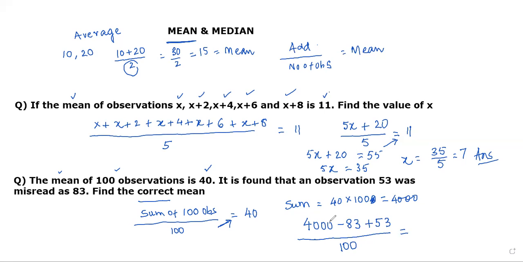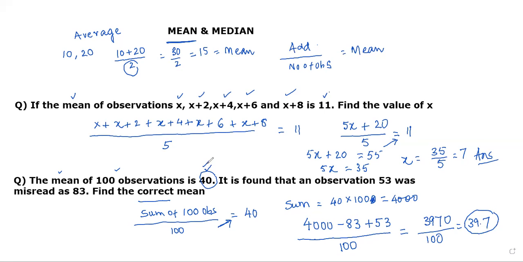So what will this be? 4,000 minus 83 plus 53. So this will be 3970 upon 100, which is 39.7. So the correct mean is not 40, but 39.7.